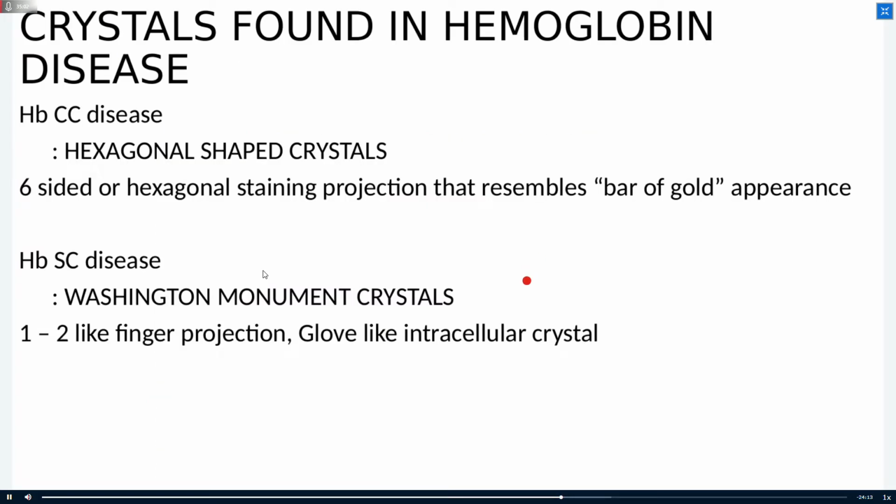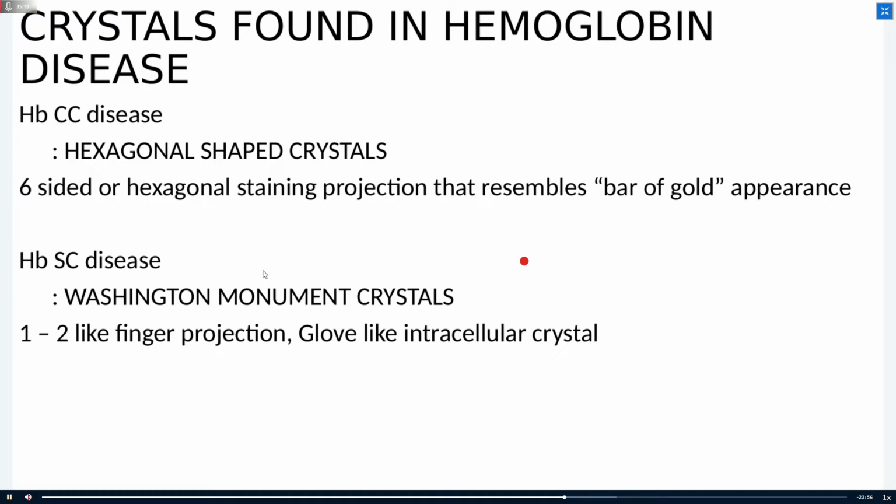Now, aside from inclusions, class, did you know that you can also find crystals in your peripheral blood? Now, these crystals can be found in hemoglobin disease. An example for that would be your hemoglobin CC disease.